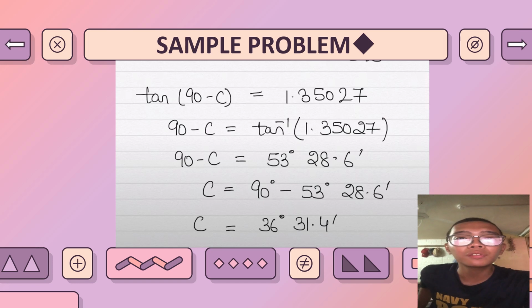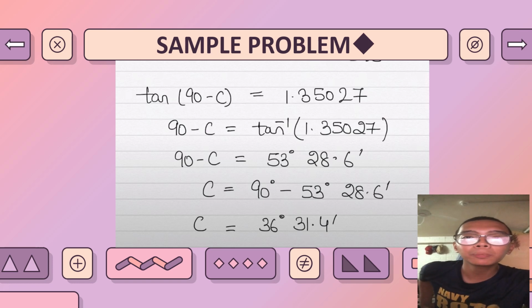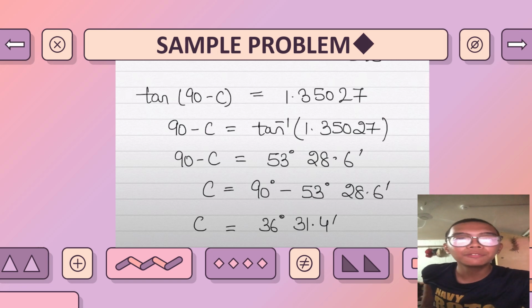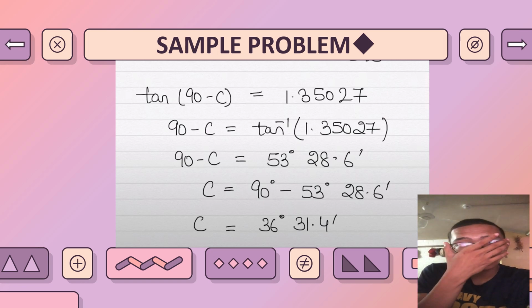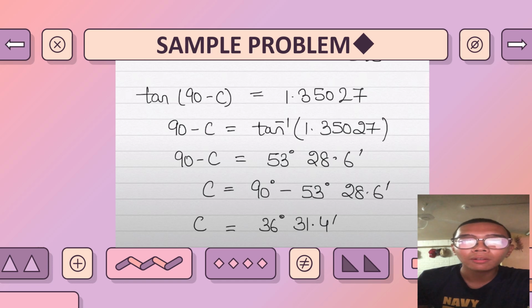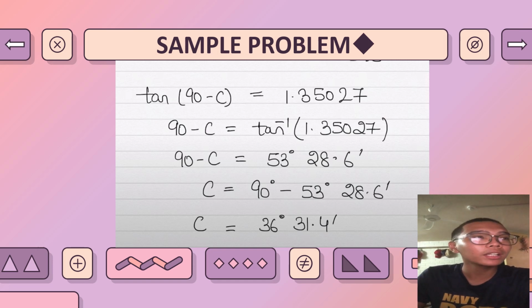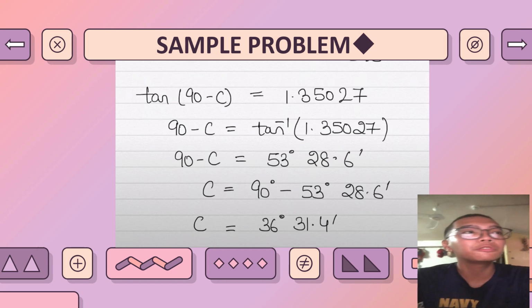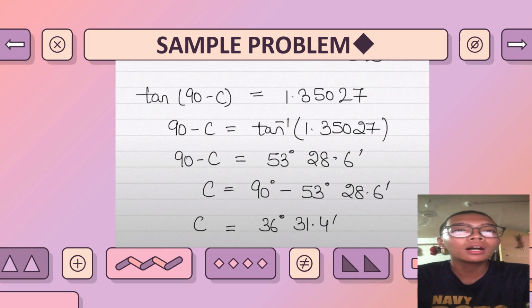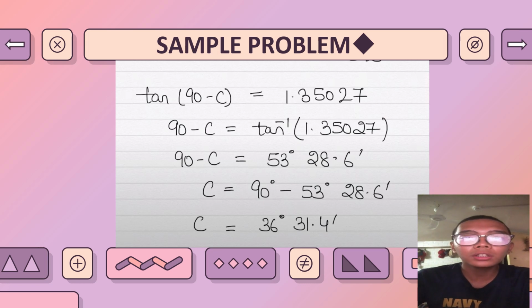So angle C is equal to 90 degrees minus 50 degrees 28.6 minutes. Our final answer for the angle C is 36 degrees 31.4 minutes.